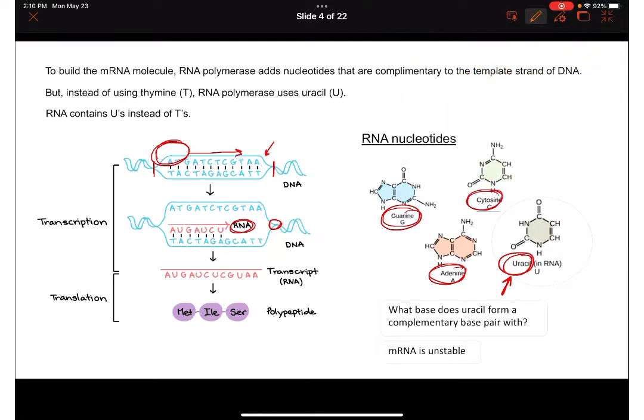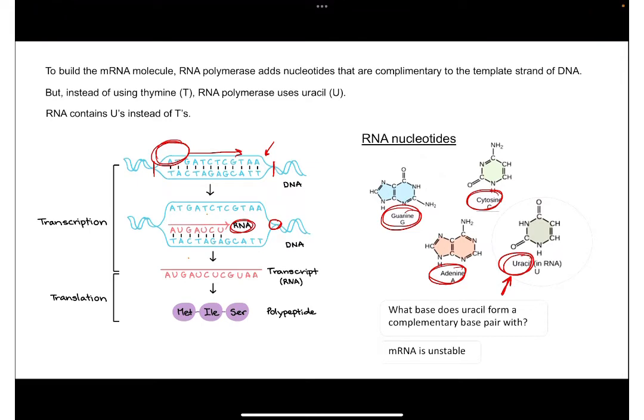So let's look at how the RNA polymerase is going to build the RNA. So here it starts at this side, and it sees this T, and what's complementary to T? Well, A is. Then, well, maybe I should have started at this one. Let's start at this one here.